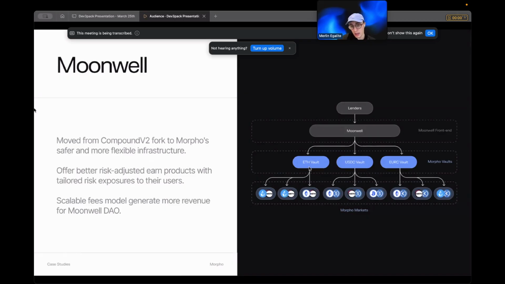There's the allocator role, where the allocator basically reallocates liquidity depending on market conditions. So let's say there's 100 mil that have been deposited into that vault. Maybe there's 60 mil in the first market, then 20 in the second, and 20 in the third one.